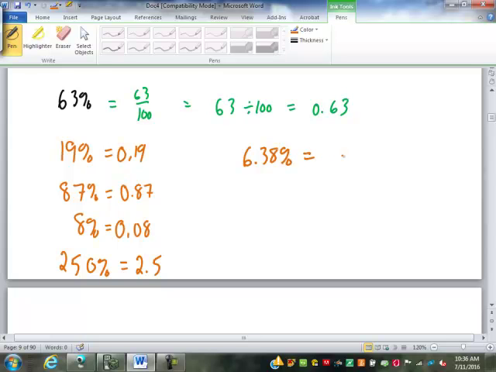6.38%. What is that going to be as a decimal? 0.0638. Yeah. Have to go 2 decimal places. Move divided by 100 still. %. What's that as a decimal?